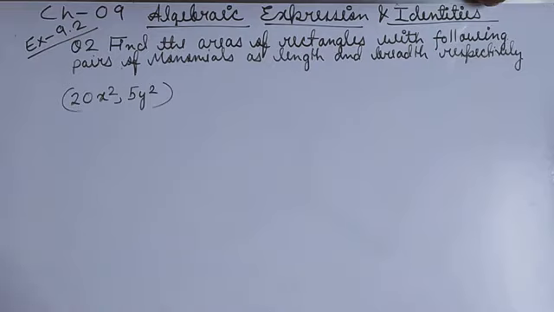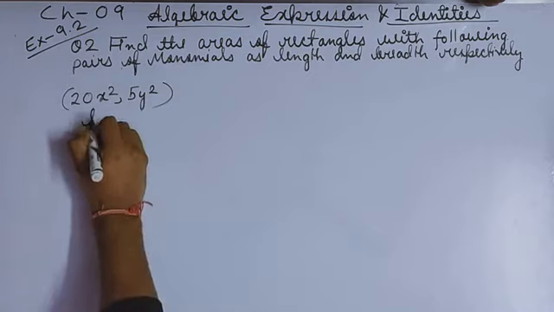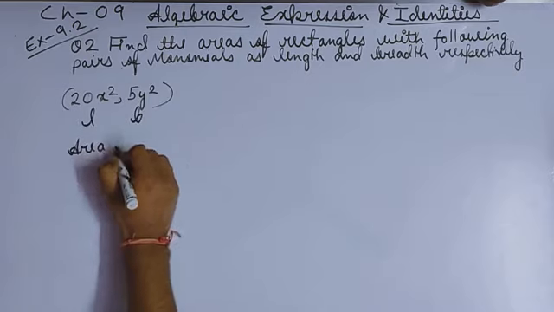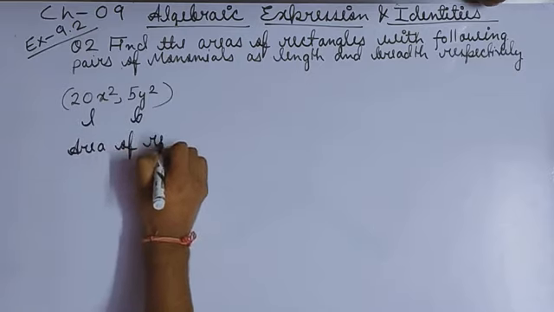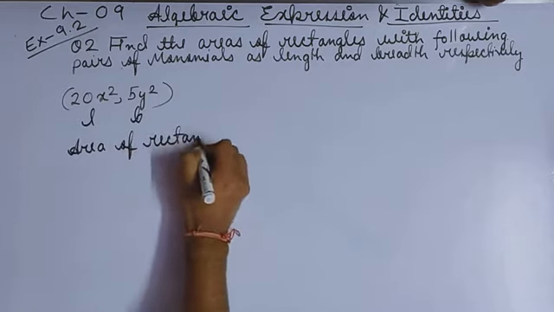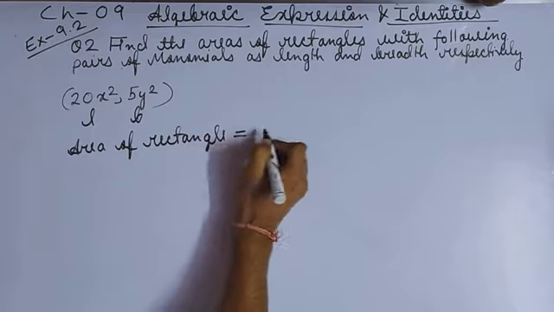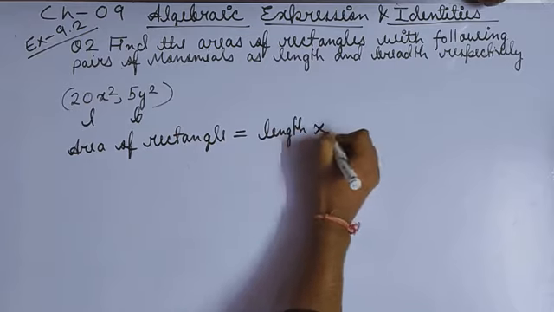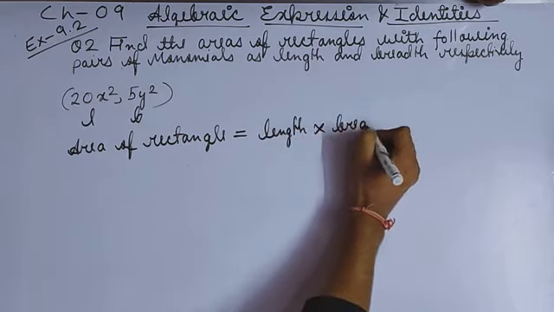I am solving only two parts of this question number 2, the third and the last one. The third part is 20x square comma 5y square. The first will be the length and the second will be the breadth, and you know that area of a rectangle is equal to length multiply breadth.